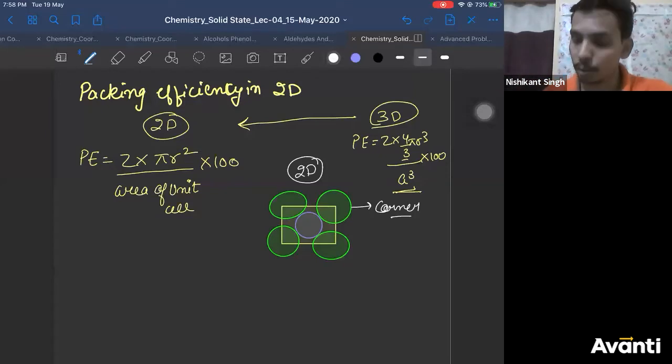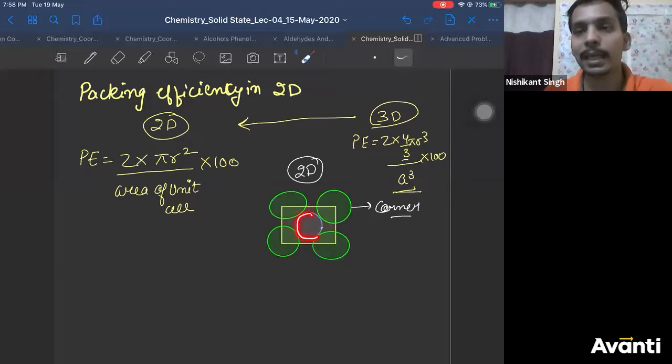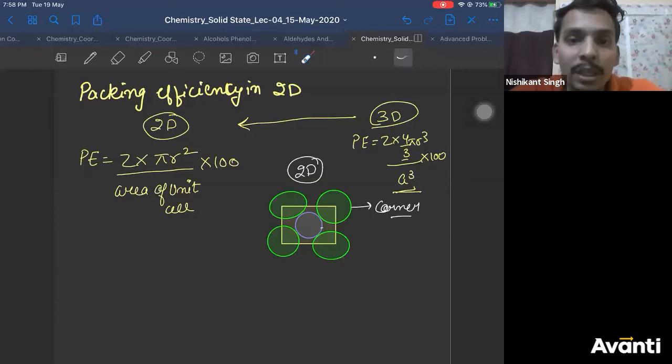So if that is so, this particle, what part of this particle lies in this square? My unit cell is square, guys. So what particle of this circle lies in this unit cell? I'm talking about this circular particle. What part of this particle lie in this square? Pavitra, how it is 1/4, guys? I don't understand. How it is half?